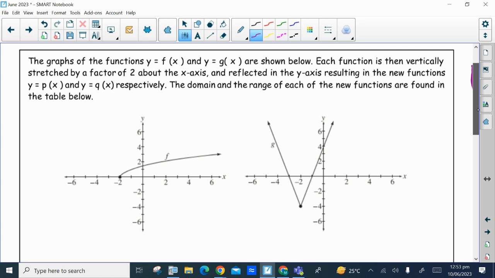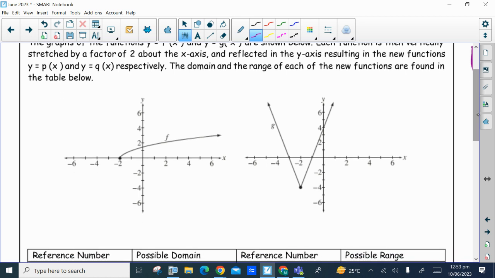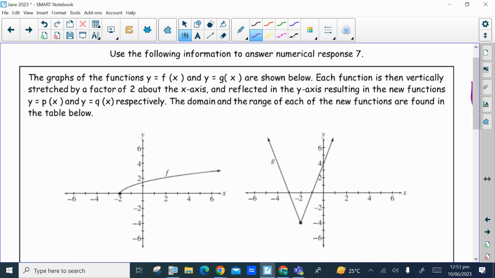So let's look at the original one, looking at f. If you vertically stretch it by a factor of 2 about the x-axis, that's not going to change the domain or the range. Normally a vertical stretch might change the range, but in this case it wouldn't, because this graph starts at the point (2, 0), a y value of 0.